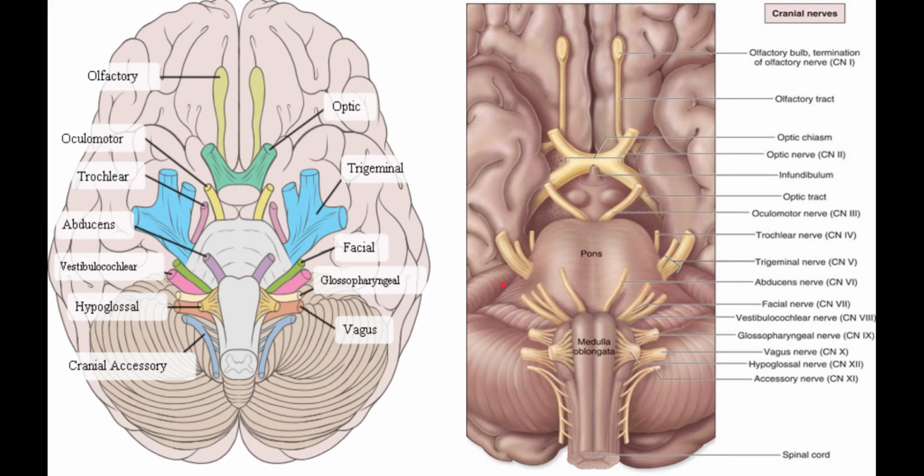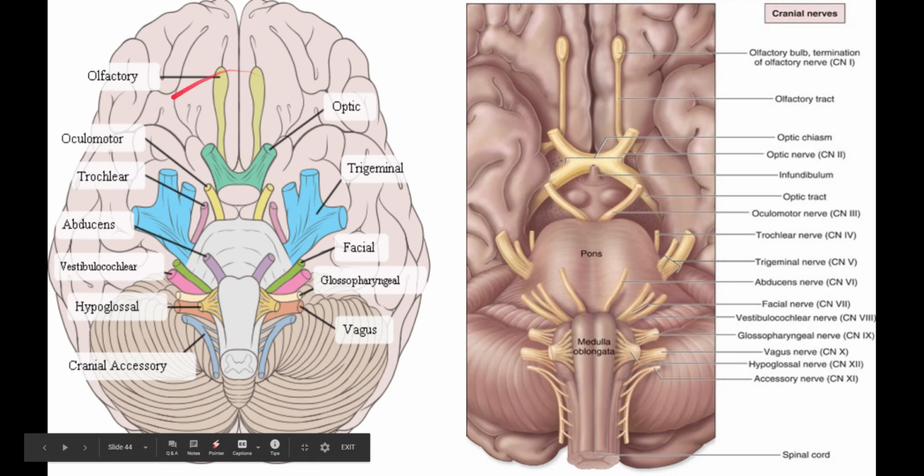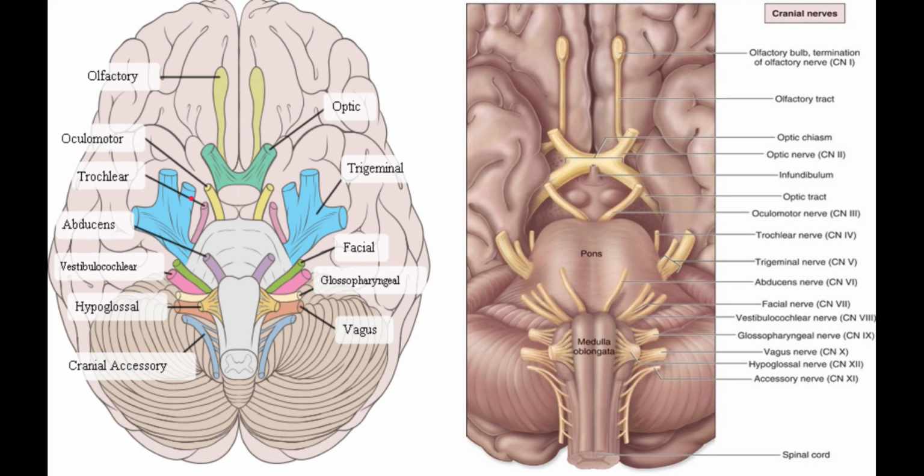Okay, here are these nerves. This is more or less the diagram that you'll need to be able to label. I actually really like this diagram. So you've got the olfactory, the optic, oculomotor, trochlear, trigeminal, abducens, facial, vestibulocochlear, glossopharyngeal, the vagus nerve, the hypoglossal, and the accessory nerve.